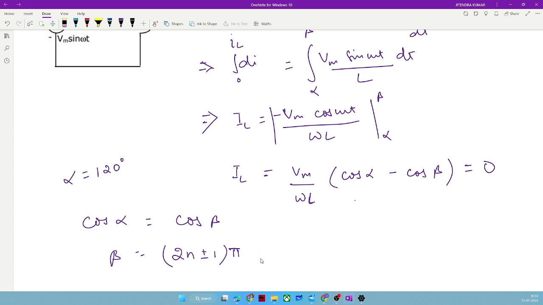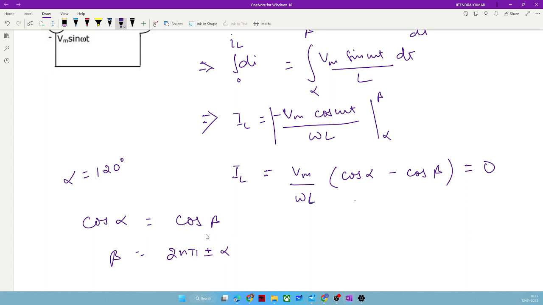Sorry, these are some trigonometric identities. 2n pi plus minus alpha. Yeah, now it makes sense.